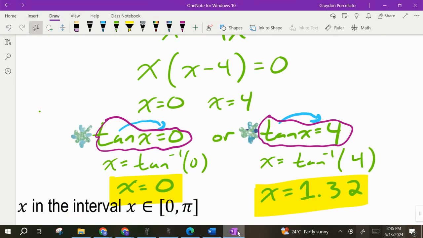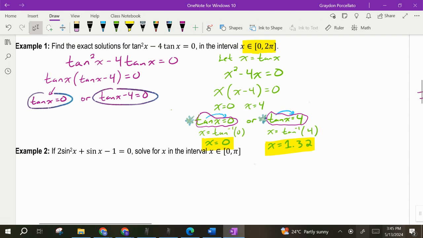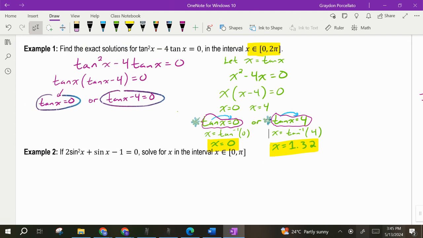So we have our two solutions, x equal to 0 and x equal to 1.32. In order to find our other solutions, I'm going to put a star here: to find other solutions, add the period.